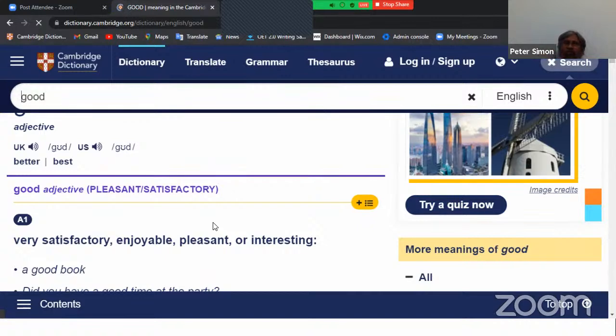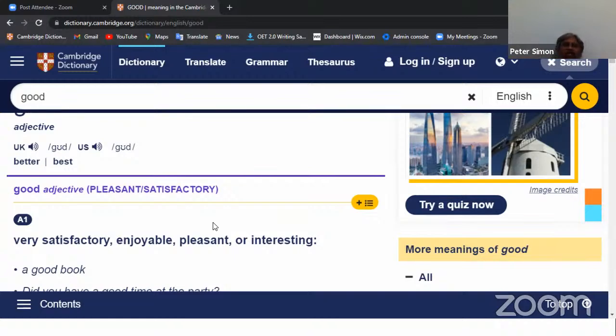A1 means what? A beginner, a starter, just a beginner. That means LKG, UKG, nursery grade level. Even those students can use the word good. Then why are you using this particular word, which is putting you down to the level of kindergarten? They use this word because they don't know special words.